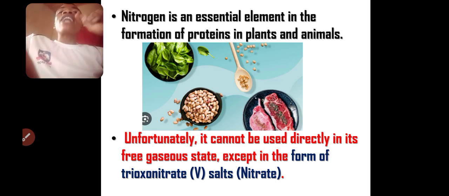Nitrogen is an essential element in protein formation in both plant and animal. But we cannot use the free nitrogen in that state except it has been converted into a combined form like nitrate.